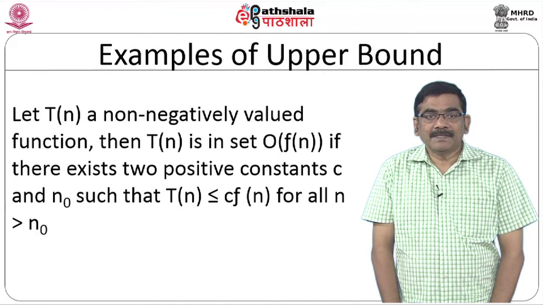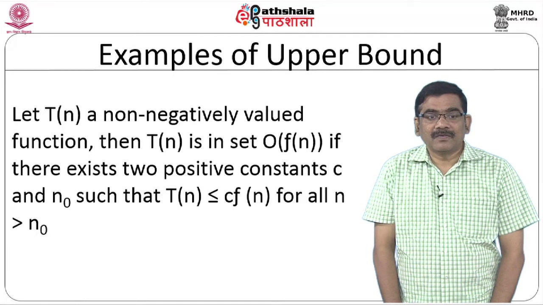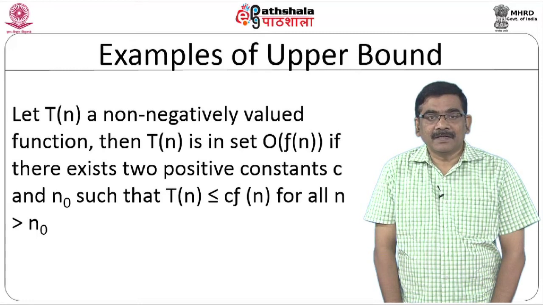Once we have this maximum number of operations, then we will try to represent that using this particular formal definition. Suppose T of n is the complexity function, then we can say that T of n is in the set order of f of n if there exist two positive constants c and n naught such that T of n is less than or equal to c into f of n for all n greater than n naught.